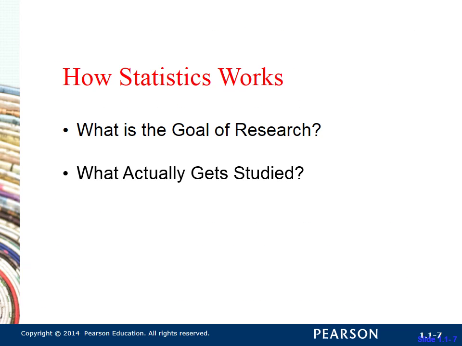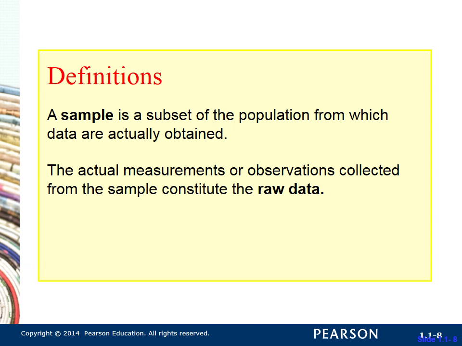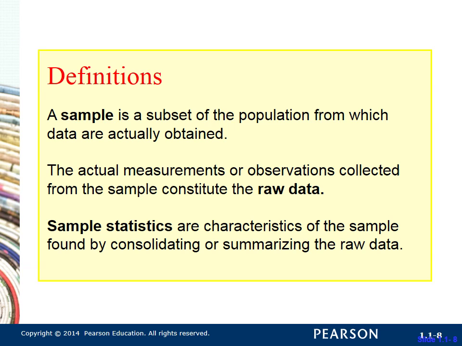All right, so what actually gets studied? So when we're doing our study, we take a sample or a subset of that population from which the data are obtained. Those actual measurements or observations are called the raw data. So when I ask you to tell me what the raw data is, it's those actual measurements. So a sample statistic then are the characteristics of that sample.